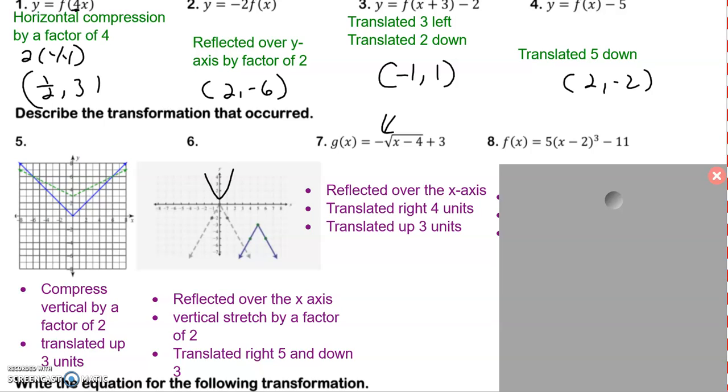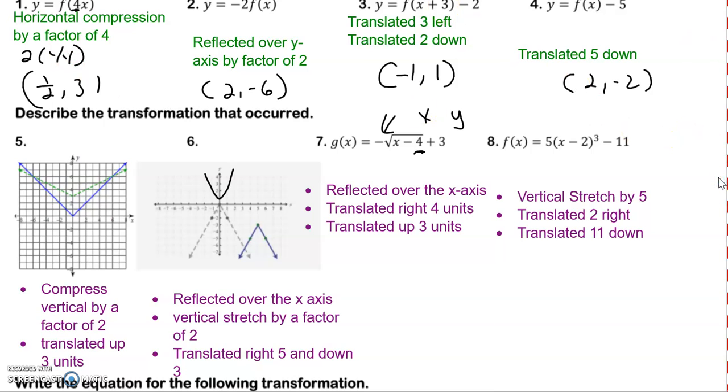I know I translated 4 units down because remember, it's always the opposite. And then I translated, and this is my y, 3 units up. Again, for this one, I'm going to do a vertical stretch of 5, and it's translated 2 right, because remember, it's always the opposite. This is my x, and 11 down.